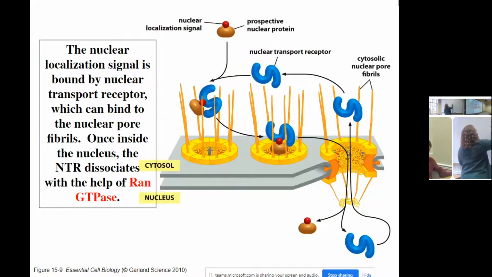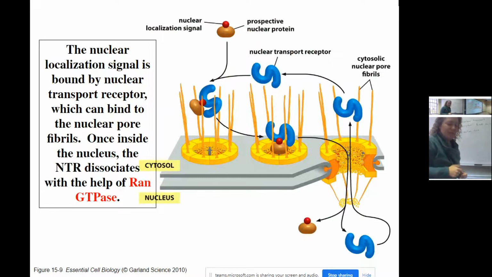Nuclear transport receptor. A lot of times we think about a receptor as something that is stuck in a membrane and can't move, and it's waiting for something to come and bind it. This receptor can float around in the cytoplasm. And the nuclear transport receptor, its binding partner, is looking for the nuclear localization tag.